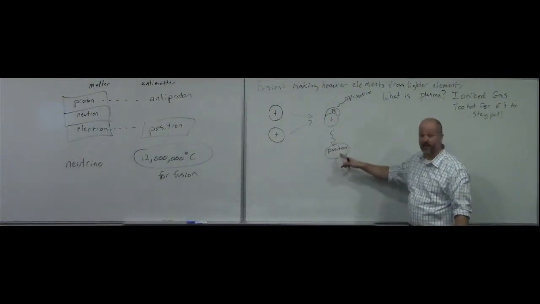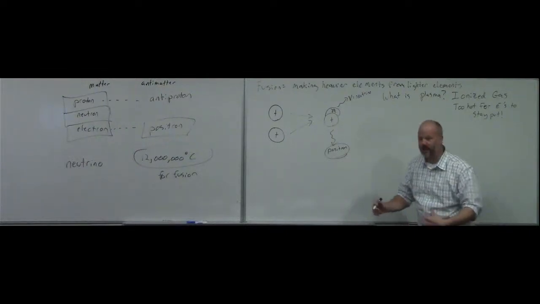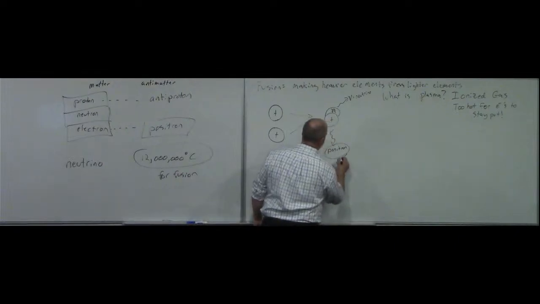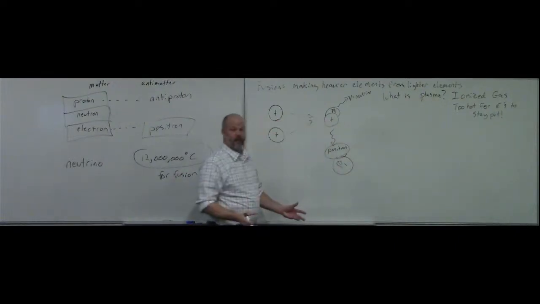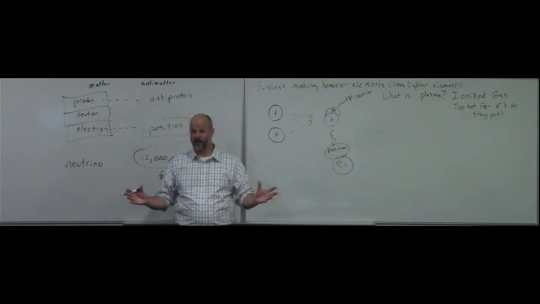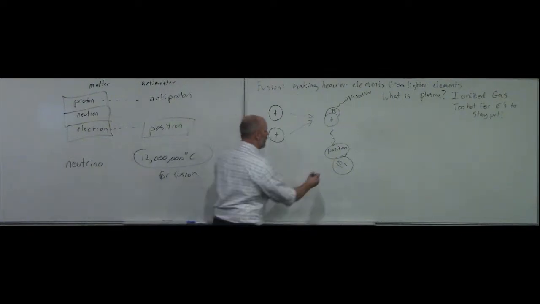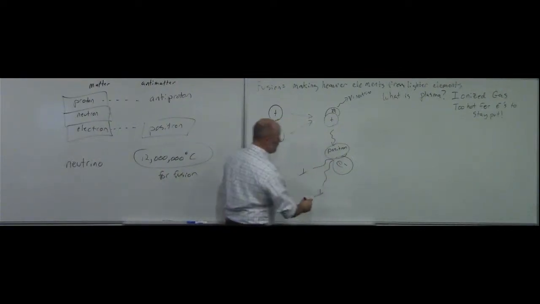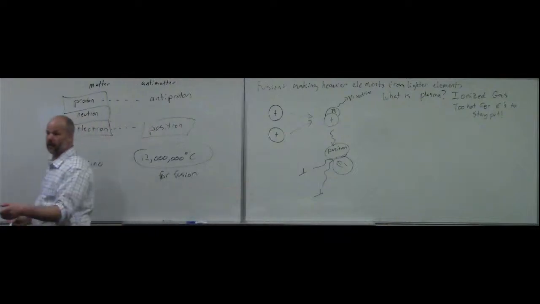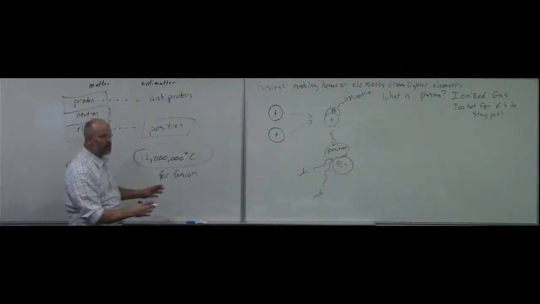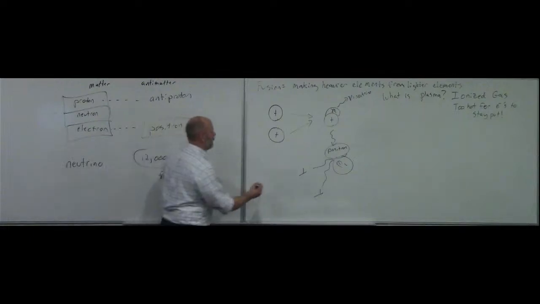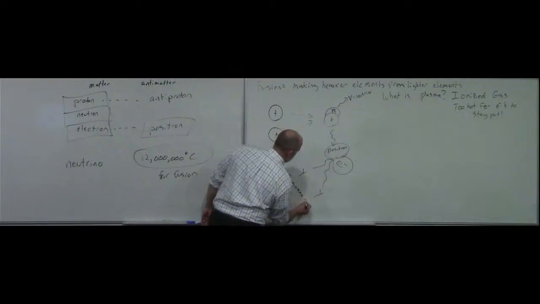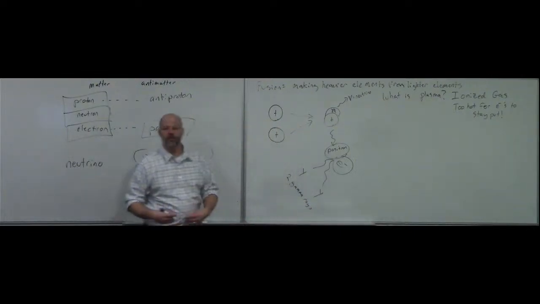As soon as this positron is emitted, it crashes into an electron, and when that happens, they annihilate each other. And what is produced? I'm sure it looks like a weird little Y on yours. Yeah, that's the Greek symbol gamma. This is for gamma ray. It emits two gamma rays.